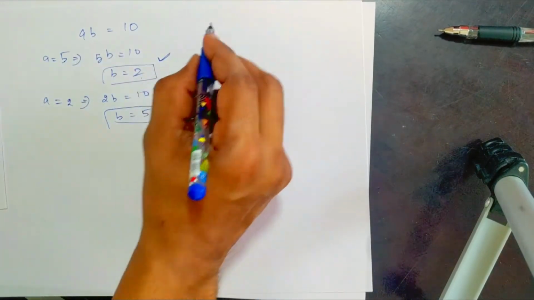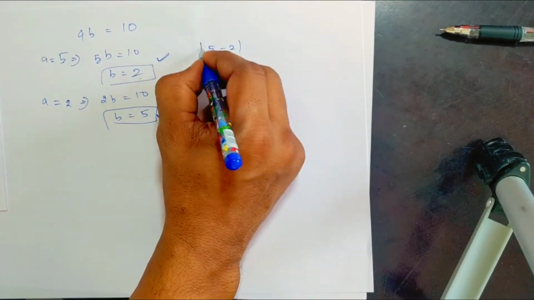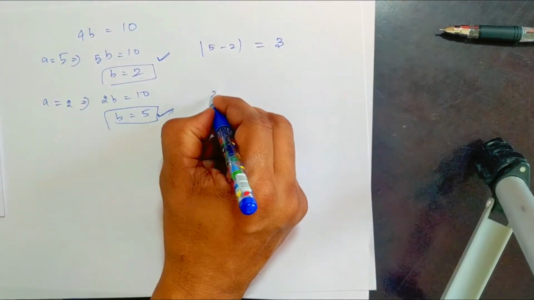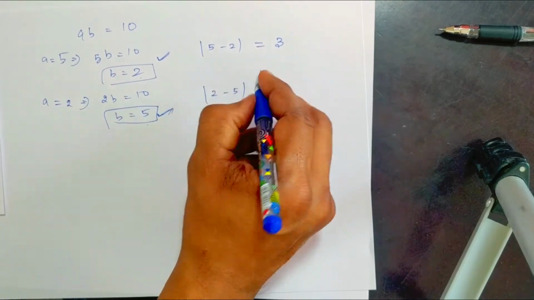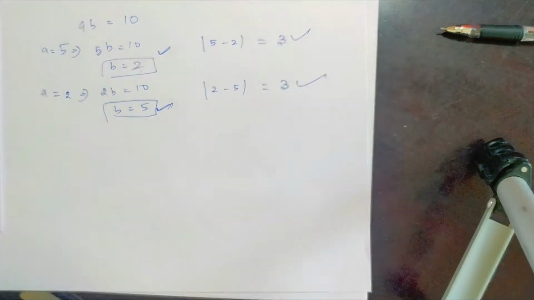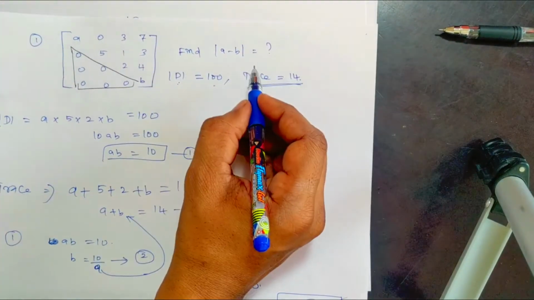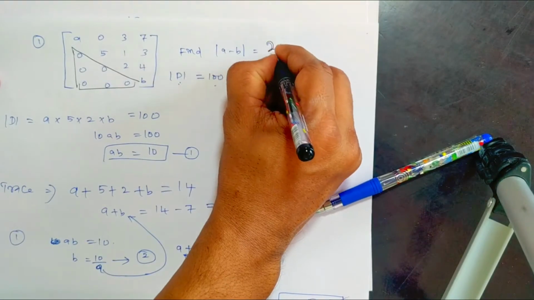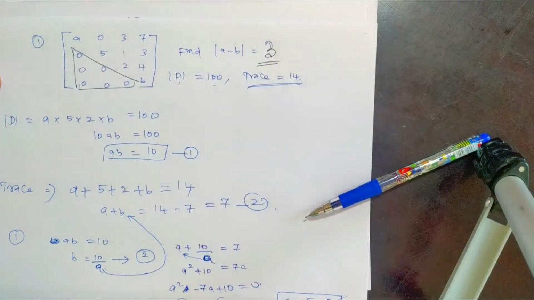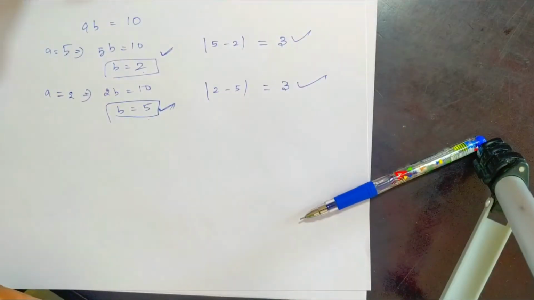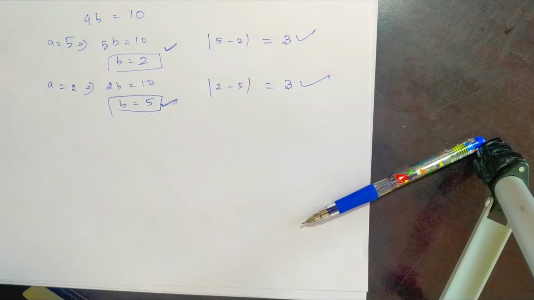So A minus B, which is 5 minus 2, the answer is 3. Or you consider this one, 2 minus 5, and the modulus of that value is plus 3. Both are the same. So the A minus B value is 3.